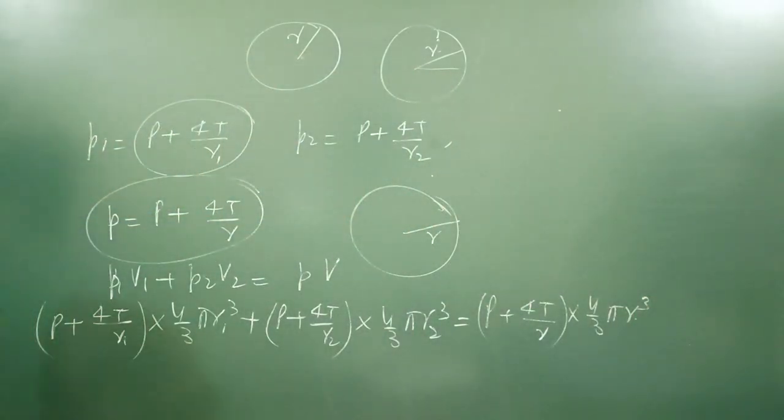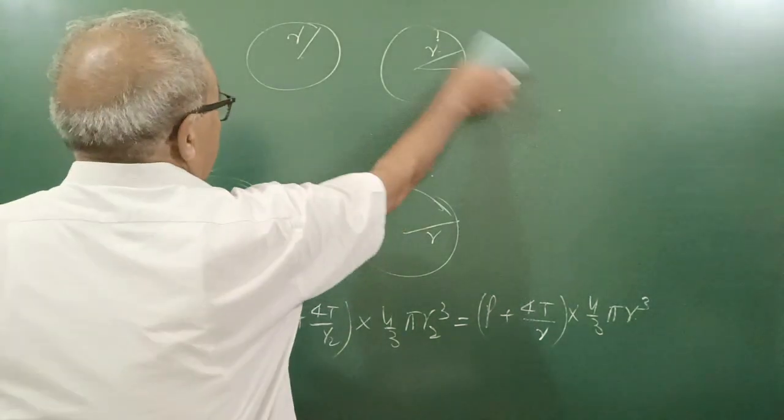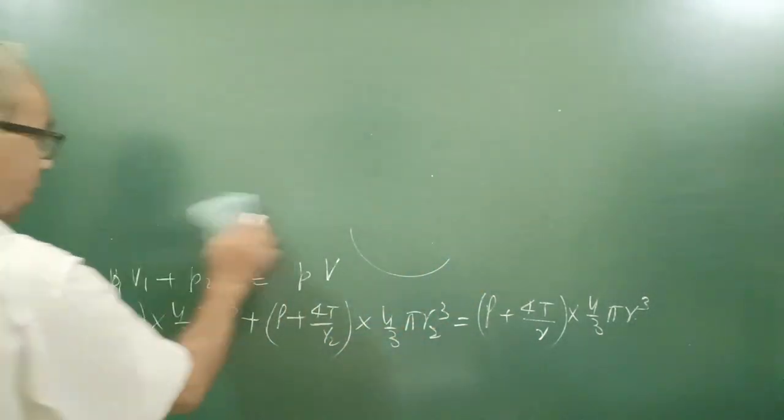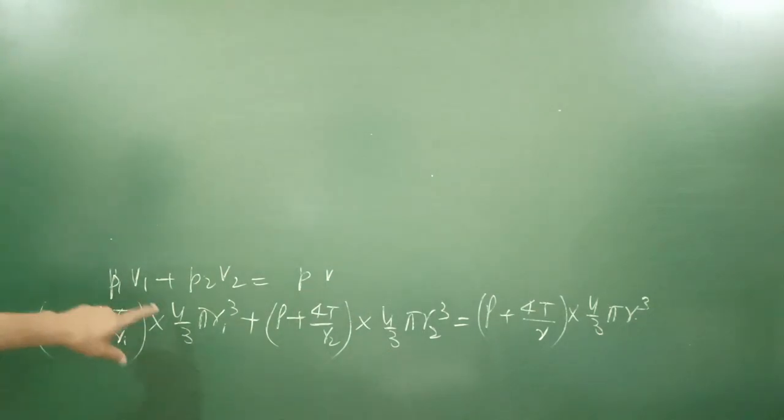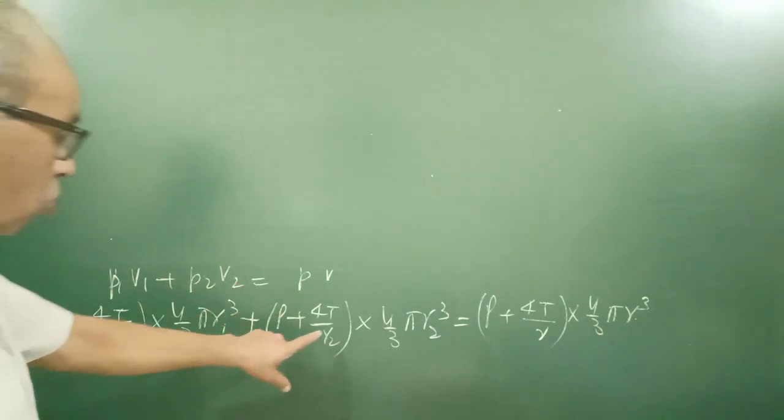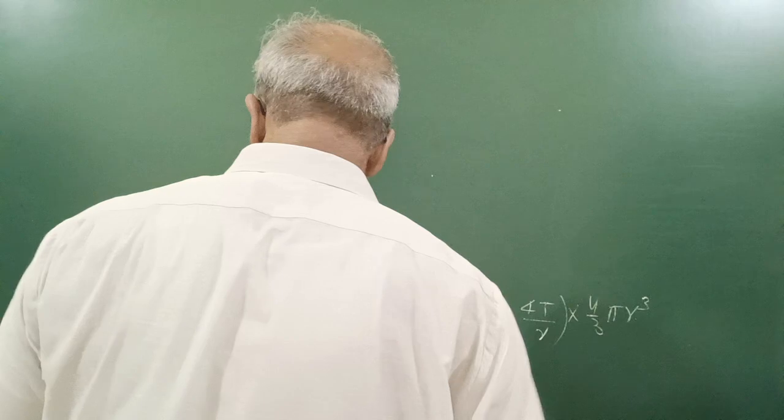You have to solve this and you will get the answer. I think you have got my point. Here V1 is 4 by 3 pi R1 cube, V2 is 4 by 3 pi R2 cube, and so on.